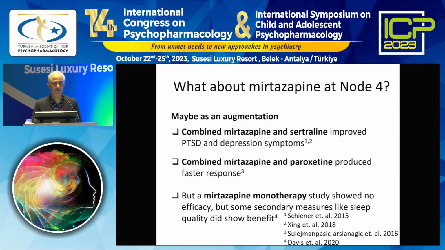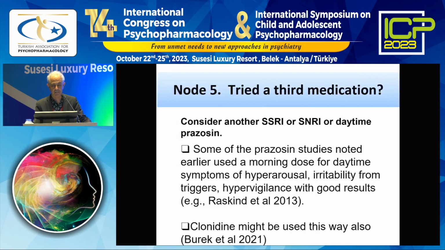The 2 FDA-approved treatments have both had add-on studies. However, there is a mirtazapine monotherapy study versus placebo showing no efficacy. So if you're thinking of it as a monotherapy at this juncture to replace what you've been on before, we don't have any solid evidence to back that idea.